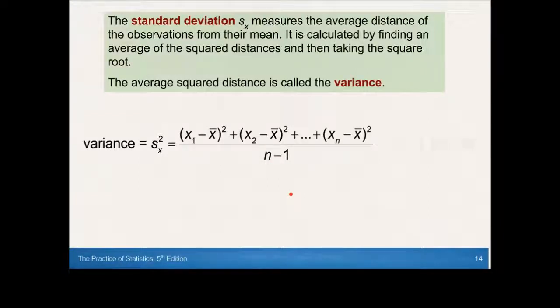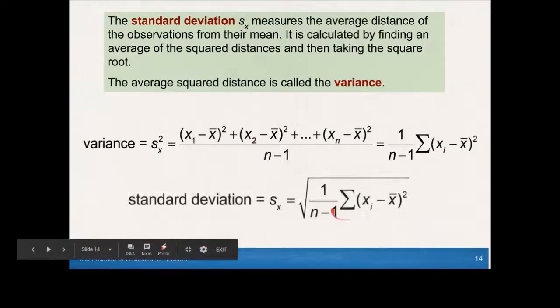And that's the variance. Shorter notation is 1 over n minus 1 times the sum of all xi minus x bar squared. And then the square root of the variance is the standard deviation. The standard deviation is easy to find once you have the variance.